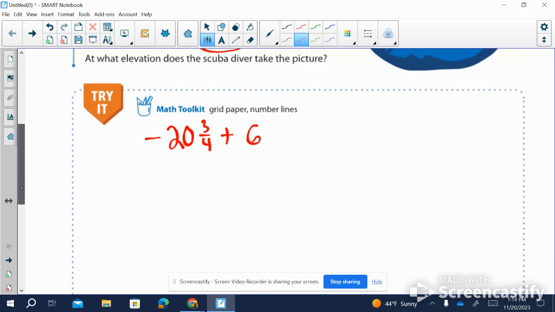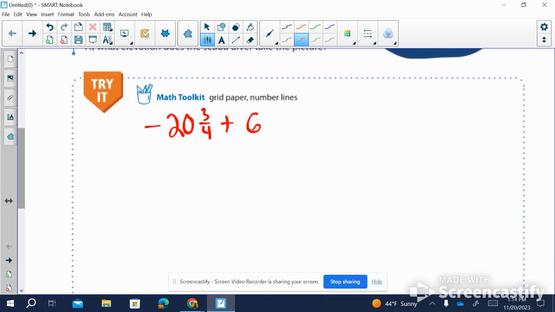So let's look. Now, -20 and 3/4 is all negative. I can take that -20 and 3/4 and write it as a -20 plus a -3/4. So now I'm starting to see integers again. And I'll bring down that +6.